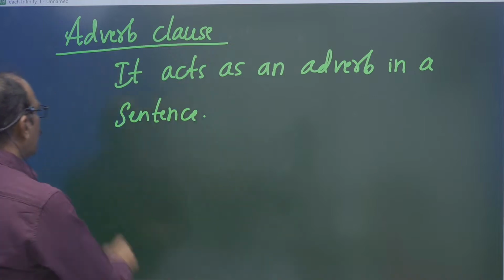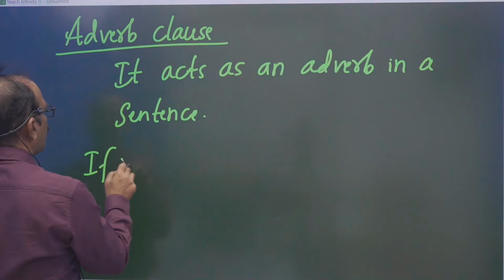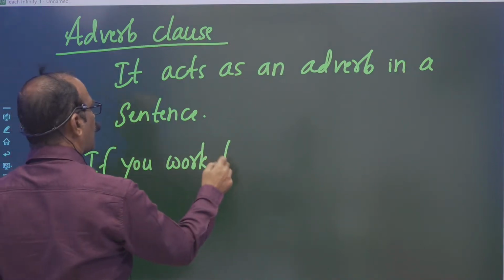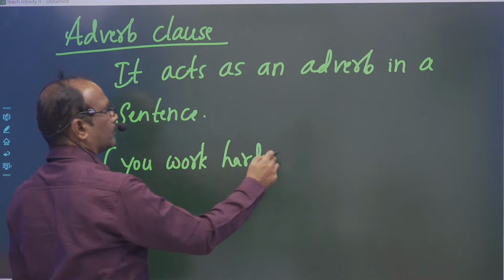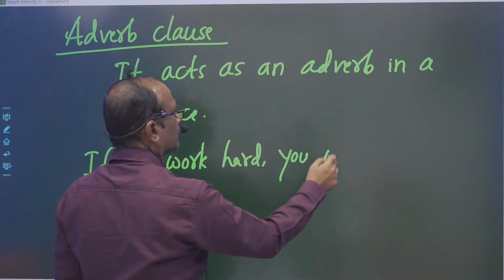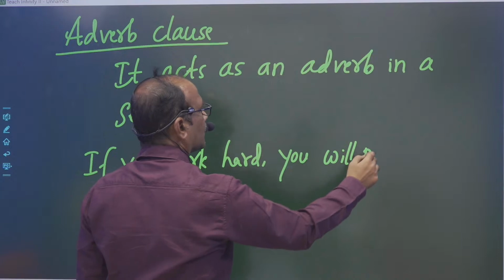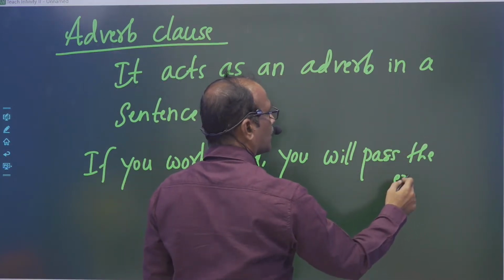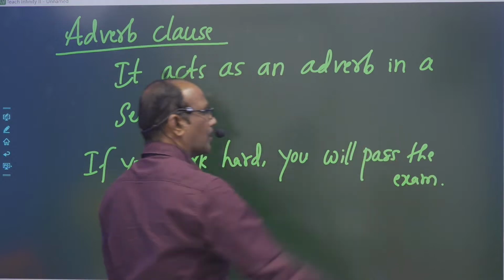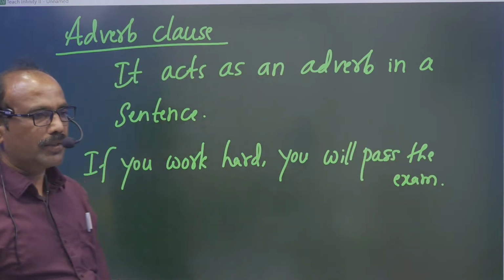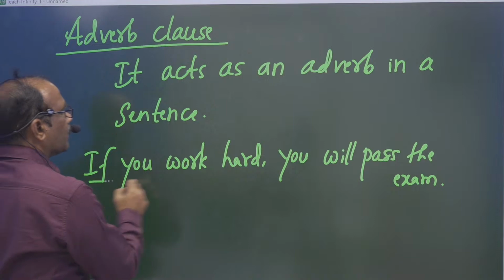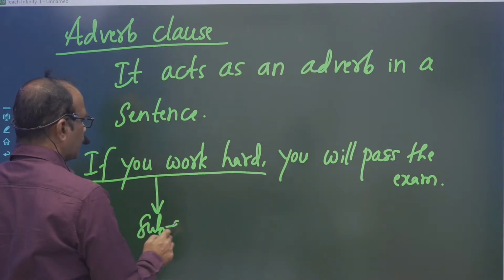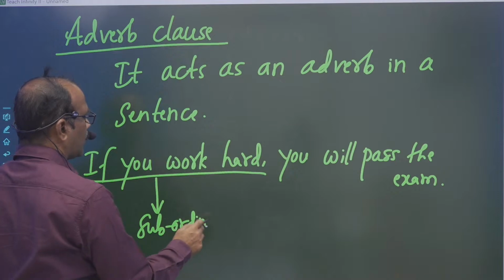So earlier I have given you, if you work hard, you will pass the exam. So here, if you work hard, this is a clause, and this is called as subordinate clause.